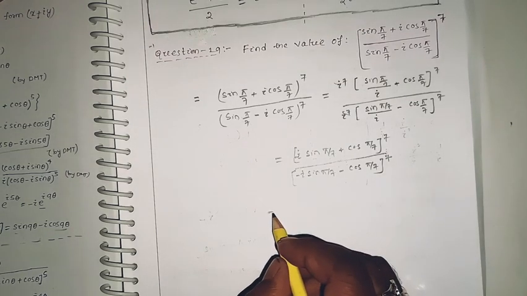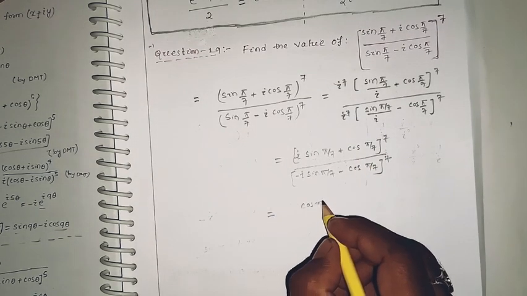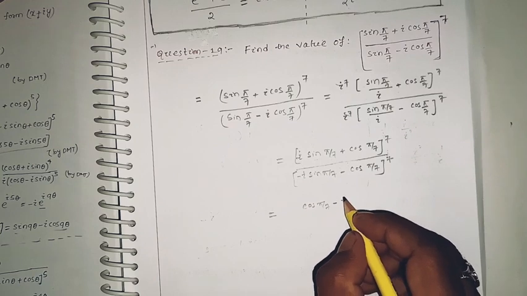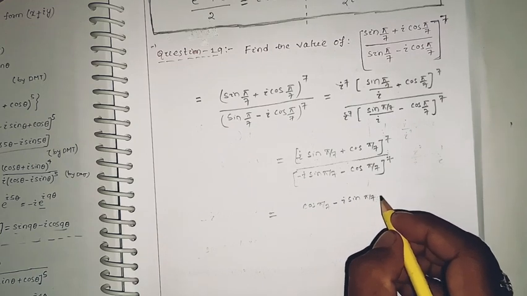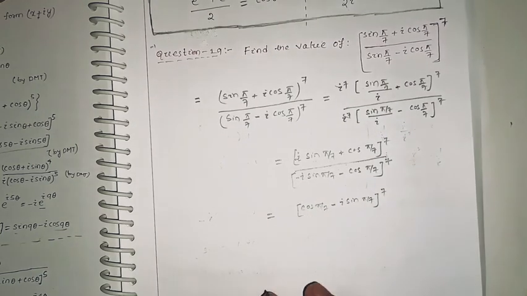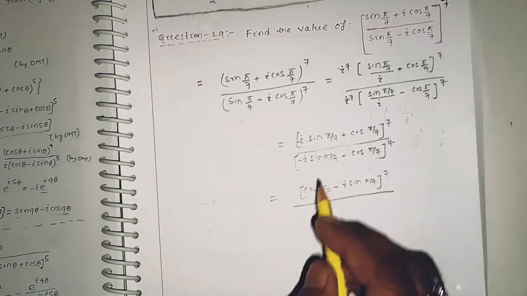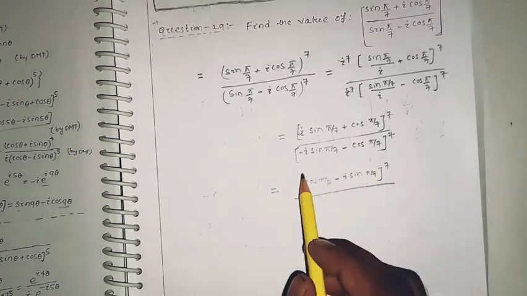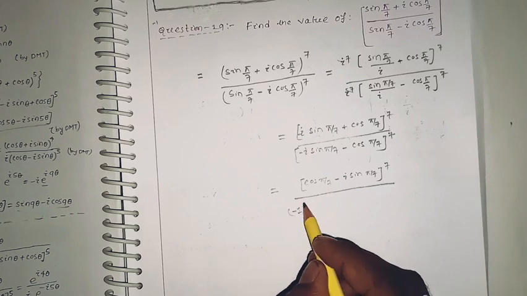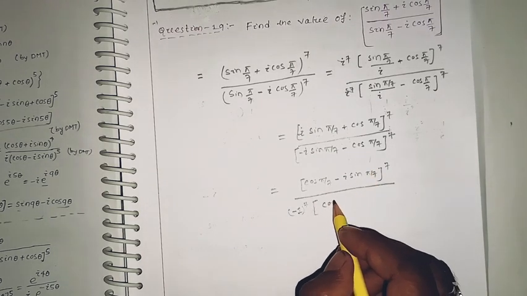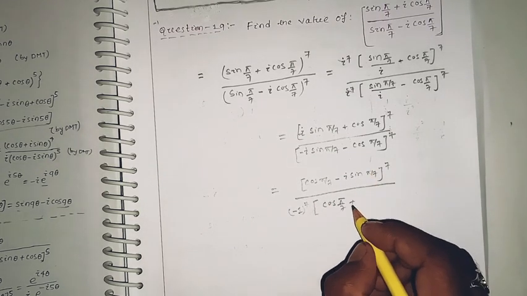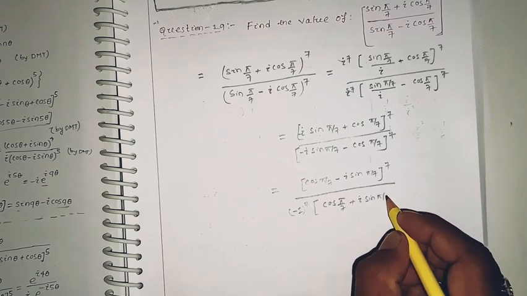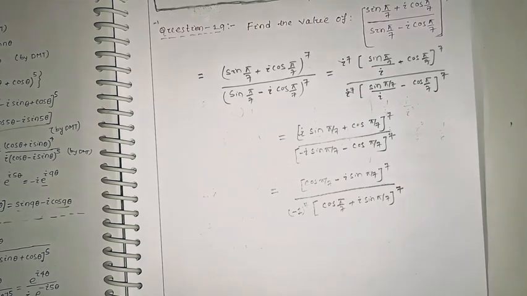So this can be written as (cos pi by 7 minus i sin pi by 7) to the power 7. Take minus common from these two terms, so it will be (minus 1) to the power 7, and this will be (cos pi by 7 plus i sin pi by 7) to the power 7.